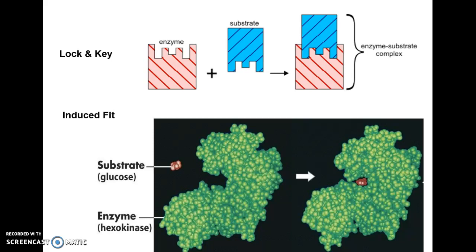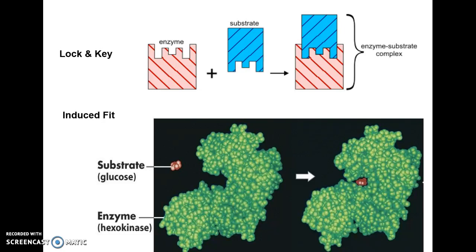And when that happens, there is going to be a change of shape of the active site. This is called induced fit. This change of shape actually physically bends the substrate to a conformation that more closely resembles the transition state.